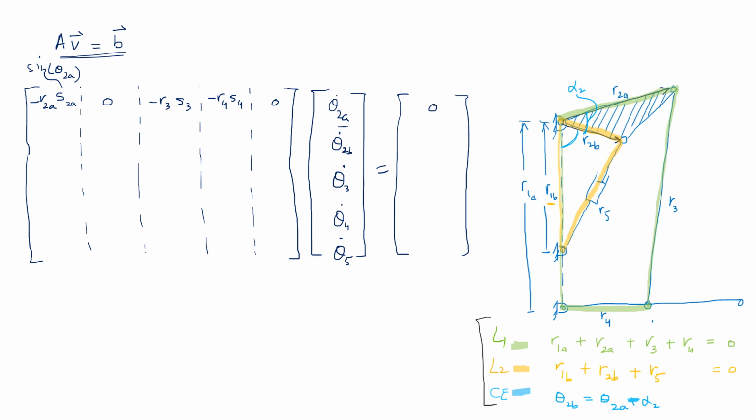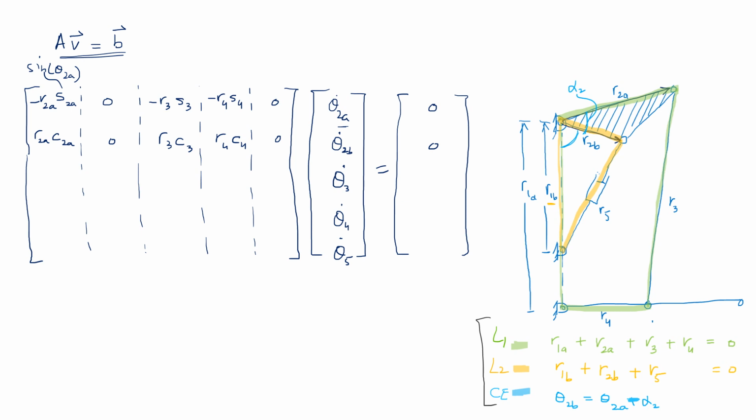So you can write down in a similar fashion the other four equations. I'll quickly write down those. The second equation turns out to be r2a cos of theta 2a. Then you have 0 over here, r3 cos of theta 3, then r4 cos of theta 4, and then you have 0, to be equal to 0.